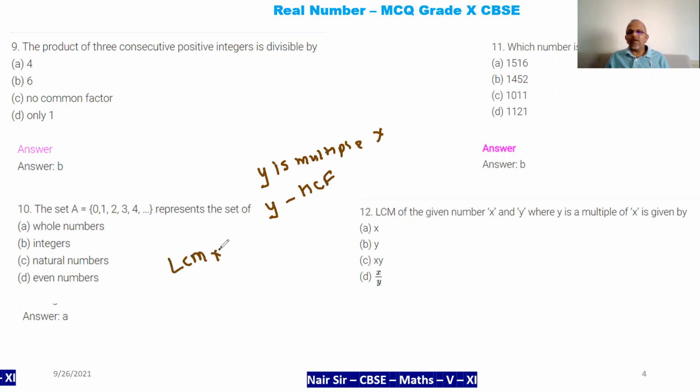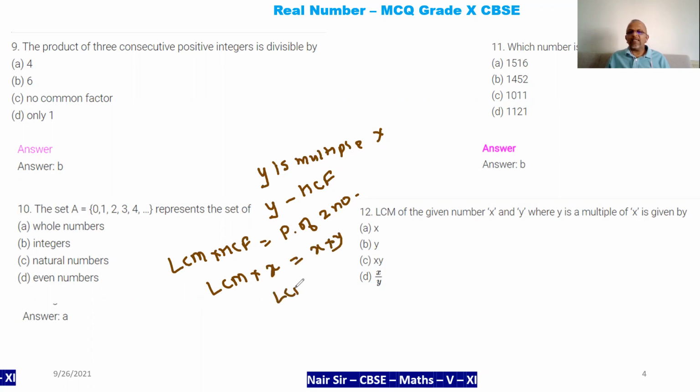Okay. What is the rule for me? LCM into HCF is equal to the product of the two numbers. I need to find LCM into y, sorry, LCM into x is equal to x into y.